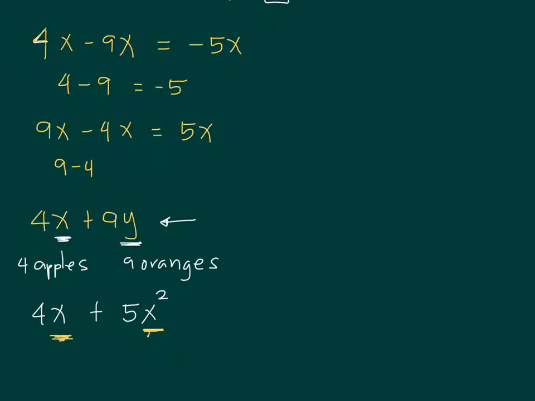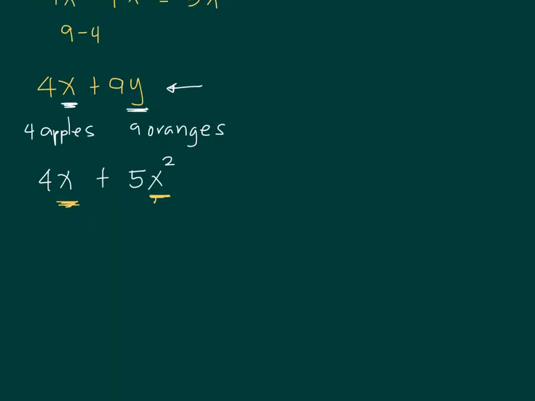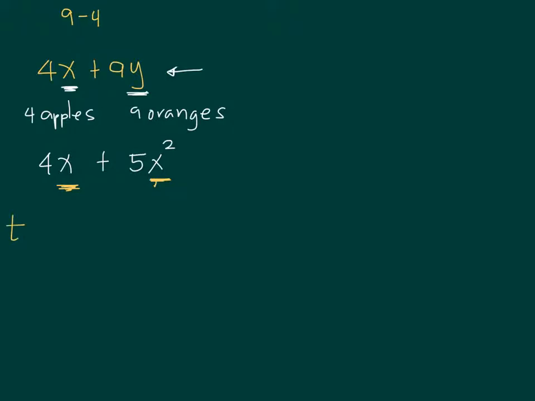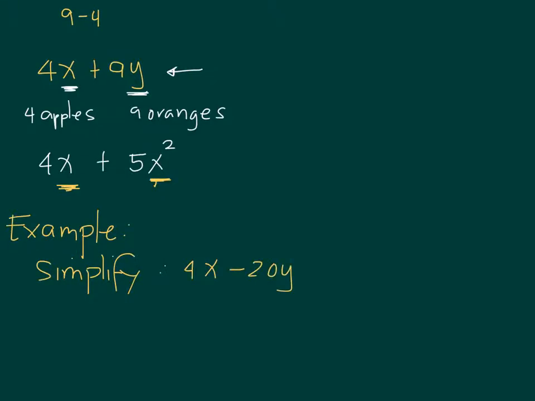Okay, now I'll take you to a more advanced example. Suppose I want to simplify 4x minus 20y plus 8z minus 9x plus 15y and then minus 12z. Okay, so how do we simplify this?